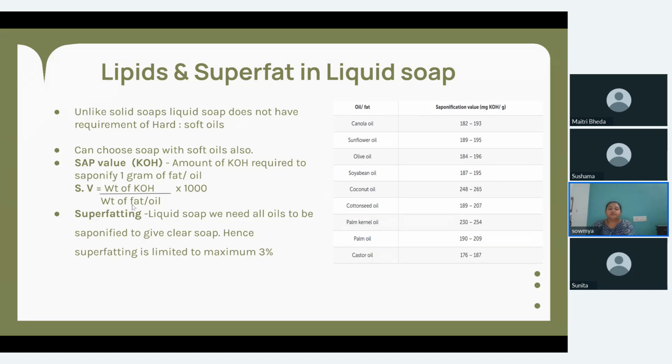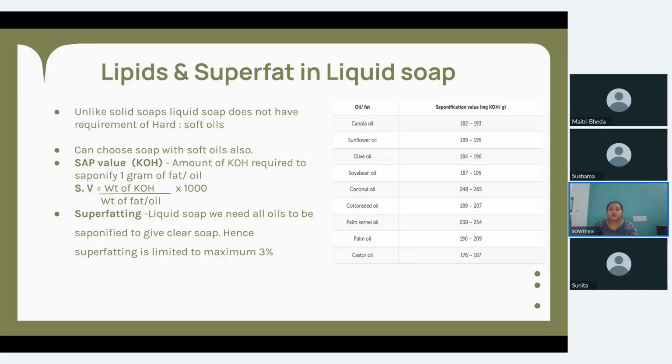And when you are calculating liquid soaps, we will need to know their SAP value, that is the saponification value of each oil with the lye. Here the lye is potassium hydroxide. So in our saponification chart, we also have the saponification value for potassium hydroxide.